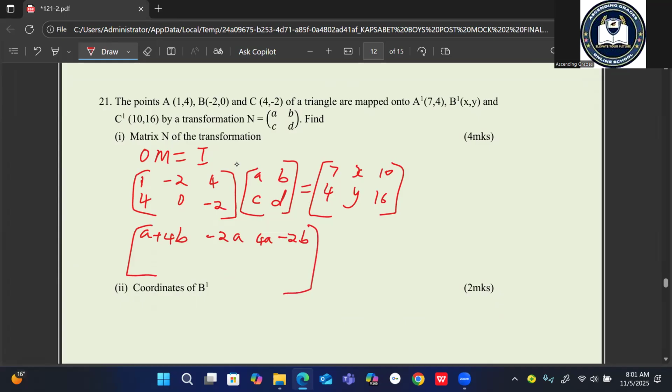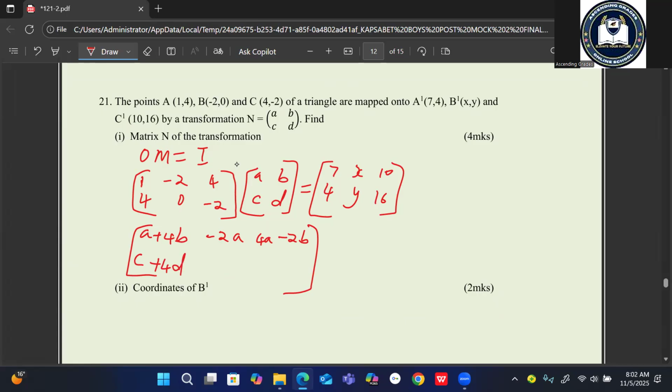Then we go to the other one: 1 times C, so it is C plus 4D.